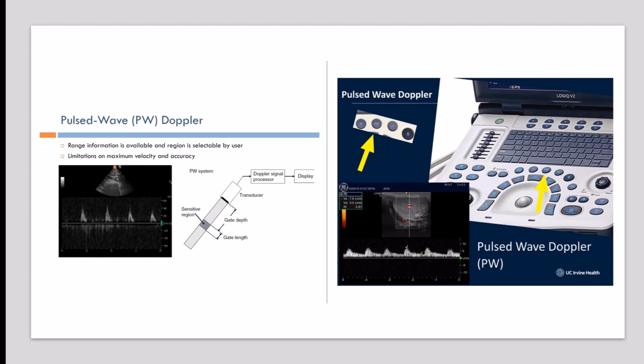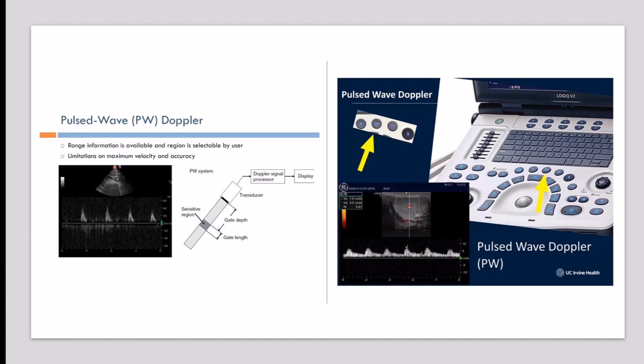Pulsed wave Doppler relies on the Doppler effect, which states that moving objects alter the characteristics of sound waves. It sends short pulses of ultrasound and then analyzes the reflected sound waves between these pulses. The same piezoelectric crystals are used to both send and analyze sound waves.